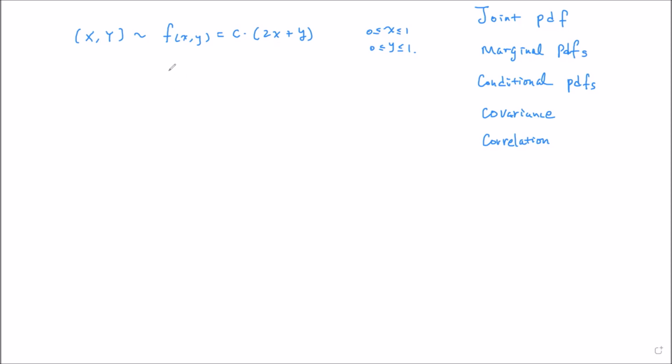Using the fact that it's a PDF, if you integrate the joint PDF on R2, you'll get 1. That's one of the properties of a PDF or joint PDF. So we're going to use that to find little c.